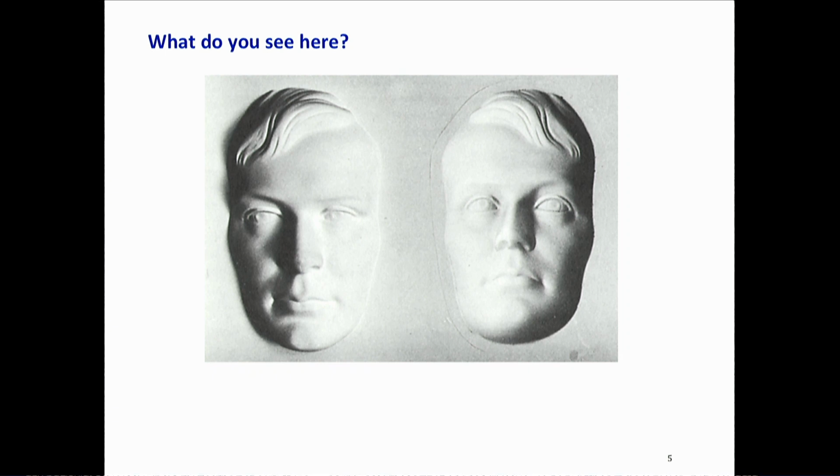Where is it? Where is it moving? What is it doing? And the second pathway is the so-called ventral pathway, which goes down to the temporal lobes.